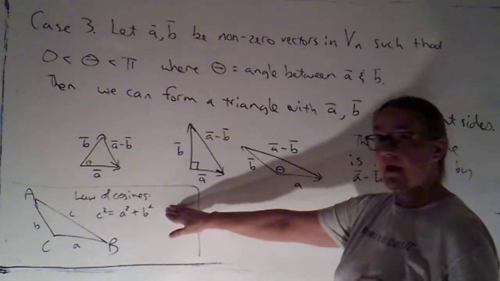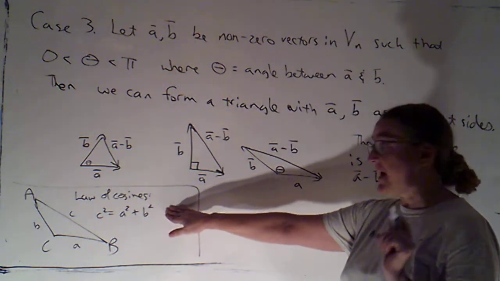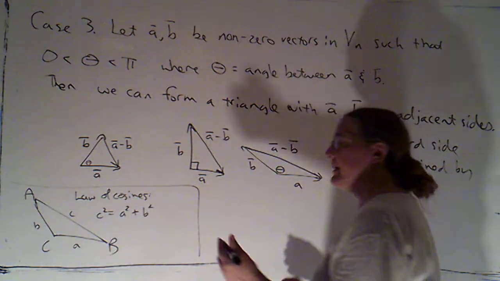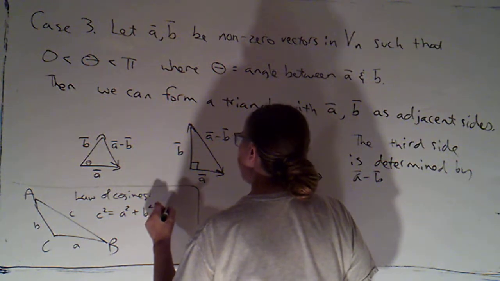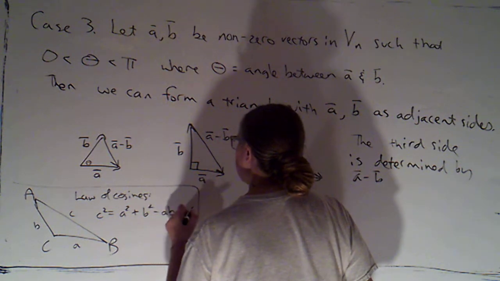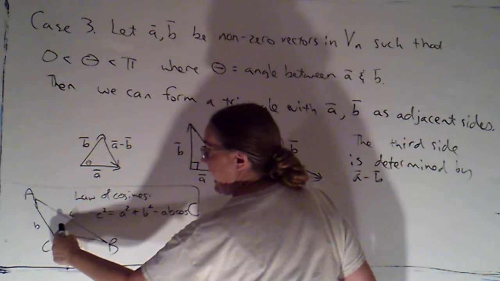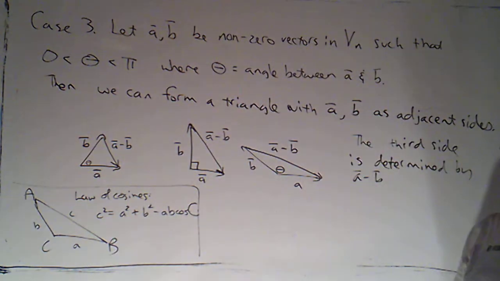Now if I stop there, that would just be the Pythagorean theorem. That's what I would get if angle C happens to be a right angle. If not, I get this extra term of minus AB times cosine of C, where C is the angle that I have right here.